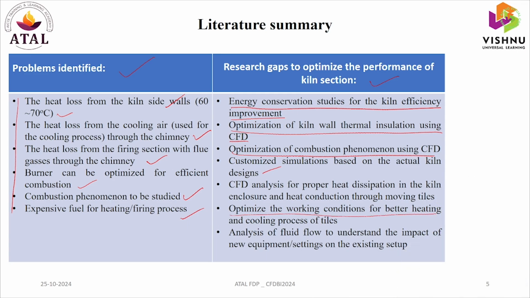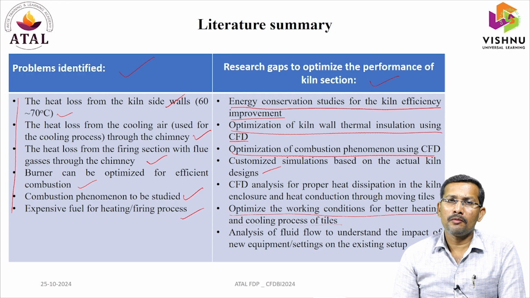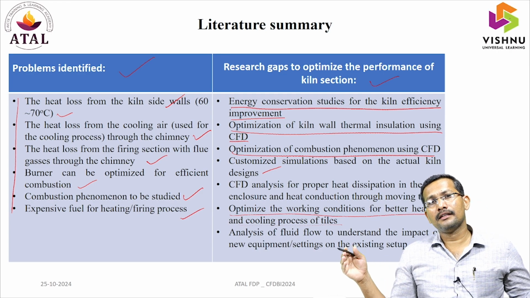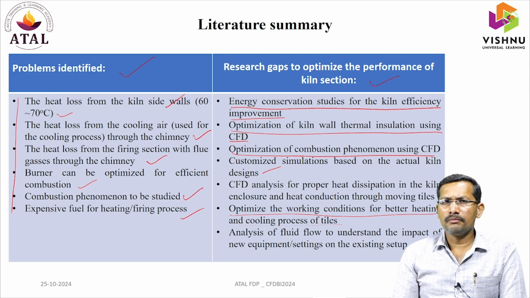Optimize the working condition for better heating and cooling process. This is also one more important point: operating conditions, how you are operating. The kiln has a huge length, almost 200 to 250 feet.